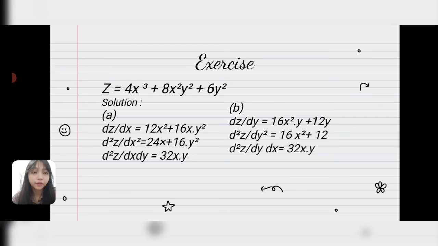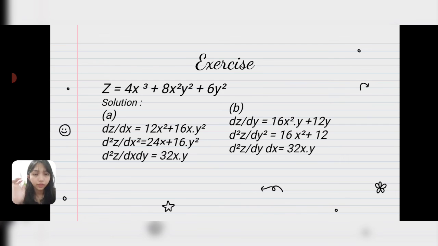So that's all. Now we are going to find the del y also. So del z with respect to del y equal to 16 x to the power of 2 multiplication y plus 12 y, because we are not going to put the 4 because 4 doesn't have y in there.